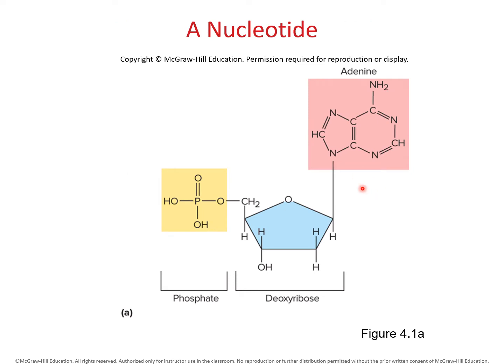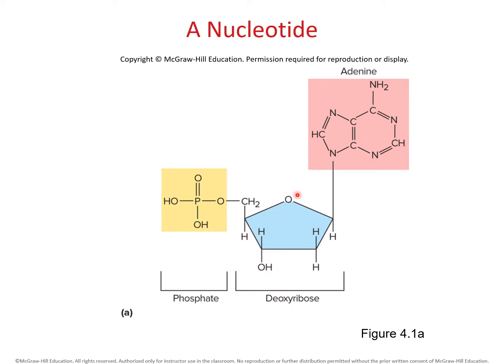Now for a look at the structure of this. Remember, nucleotides are the monomers that make up the DNA molecule. A single nucleotide is going to look like this chemically. As I mentioned, you're going to have a sugar group, which for DNA is called deoxyribose.